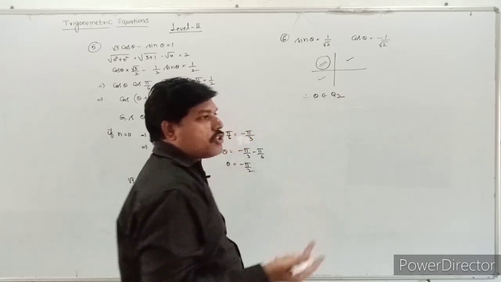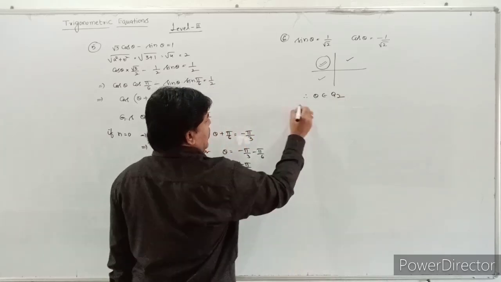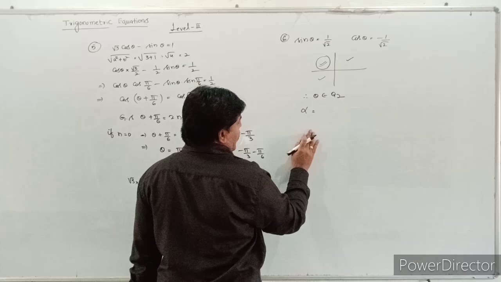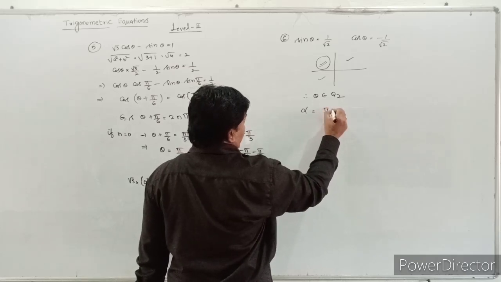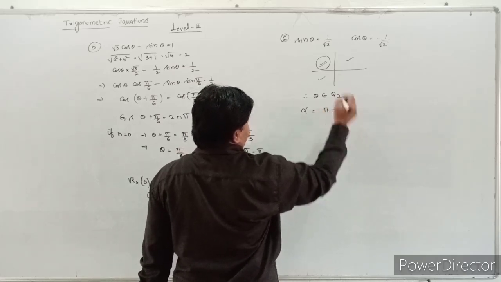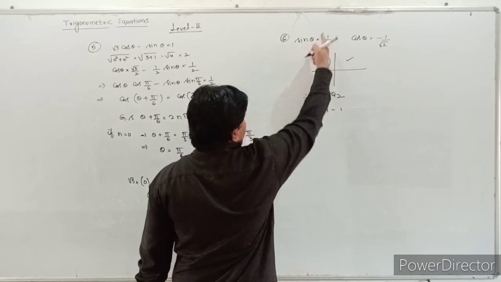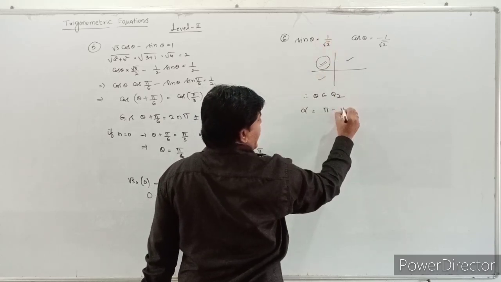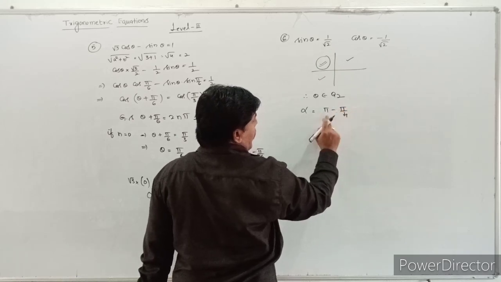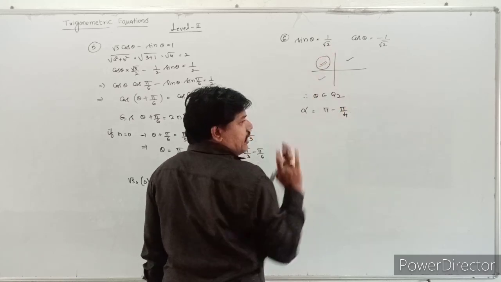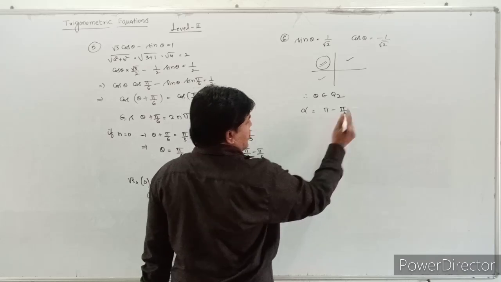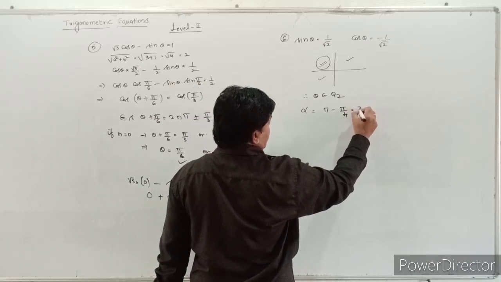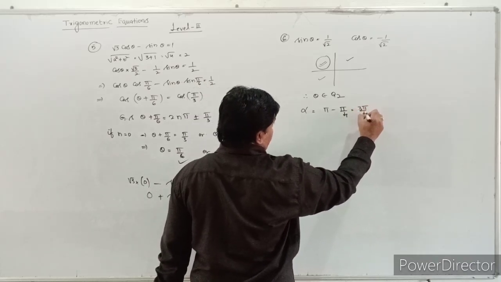If theta belongs to Q2, so how to take that? That is alpha you have to take. Alpha is equal to pi minus this angle. Sin theta is 1 by root 2, meaning this angle is pi by 4. So alpha is pi minus pi by 4. This value will become 3 pi by 4. This is alpha.